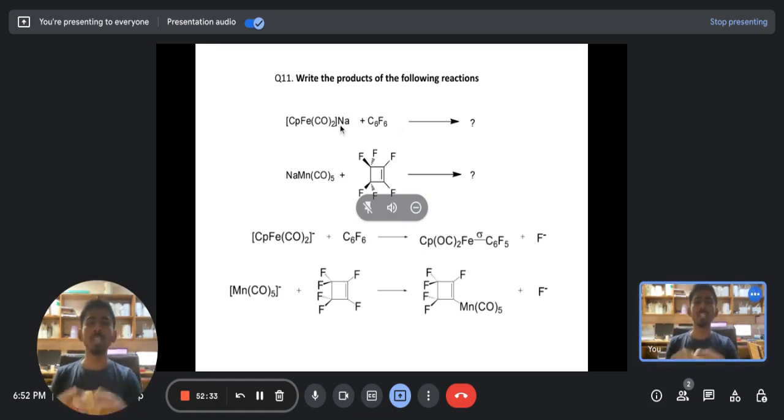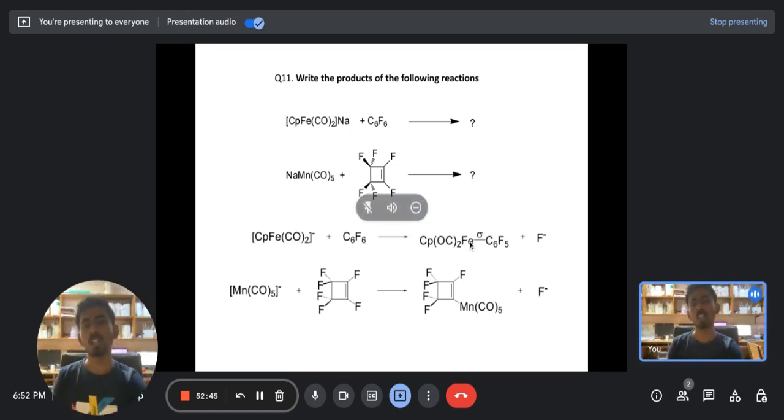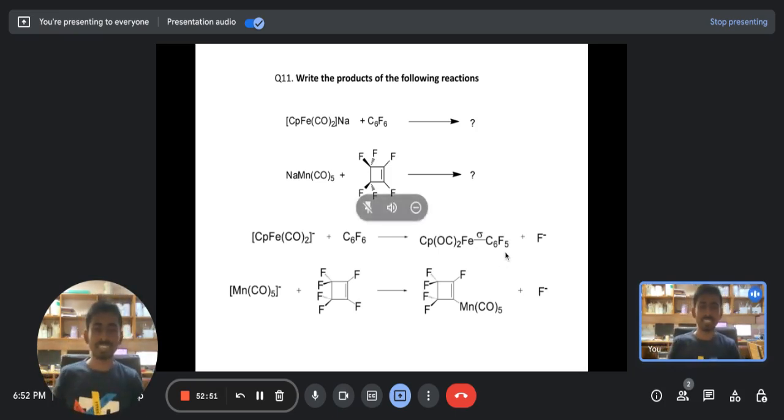This Na plus will take up one of the fluorides, so it will be NaF. Because NaF is a very stable ionic compound, it gets eliminated, and a sigma bond forms between the metal and the RF. This C6F5 is the RF, the pentafluorophenyl group.